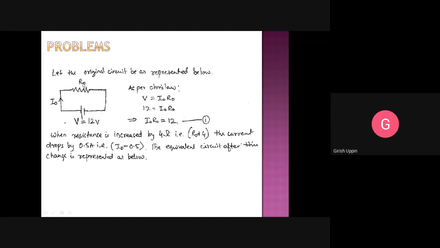And if you want to verify, now what is the value of R naught? 8 ohm. So we will go back just to do the verification. Now the value of R naught is 8. If you want to calculate the current here, I naught is equal to 12 divided by 8.